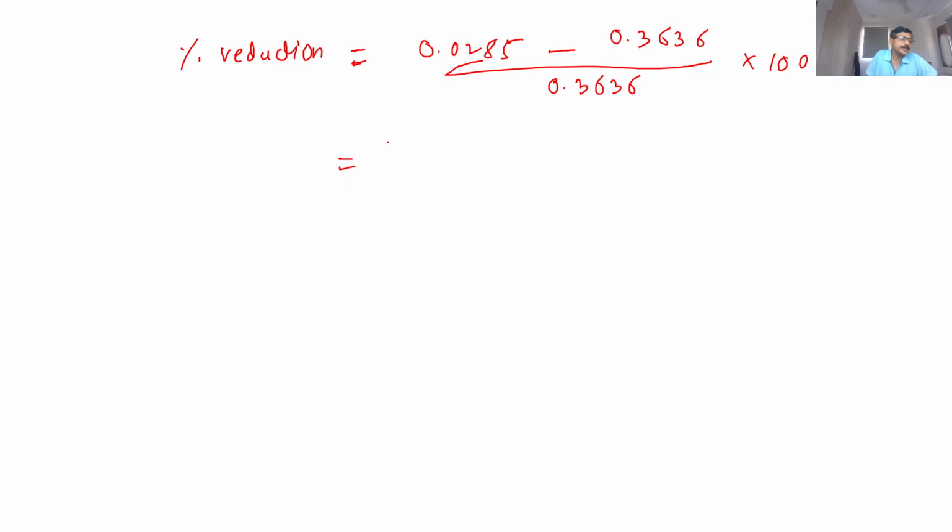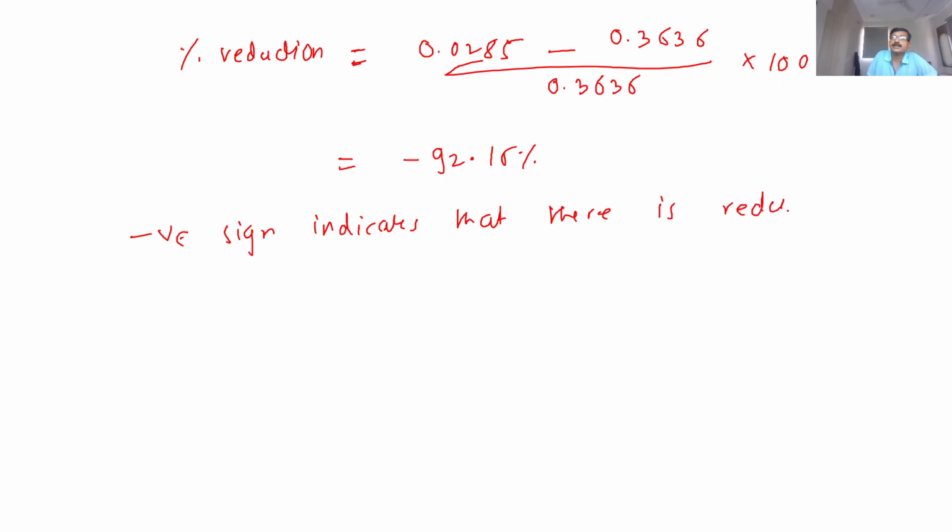So if I calculate it, the answer comes as minus 92.16%. Why minus? Because the negative sign indicates that there is a reduction in heat transfer by adding one shield, the radiation shield.